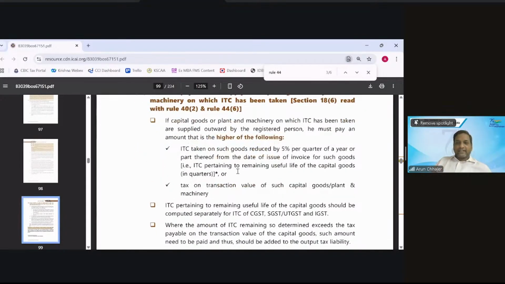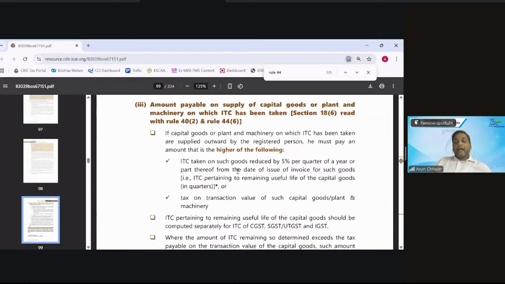Now try to understand this part I am reading. Amount payable on the supply of the capital goods or plant and machine on which ITC has been taken, 18.6. Rule 40 sub rule 2 is also applicable for 18.6 and 44.6 is also applicable for section 18.6. We know that if the capital goods or plant and machine on which ITC has been taken, he must pay the amount higher of the below 2.